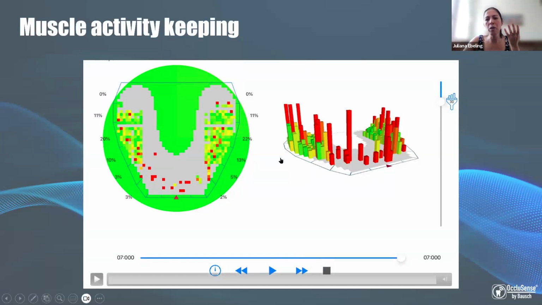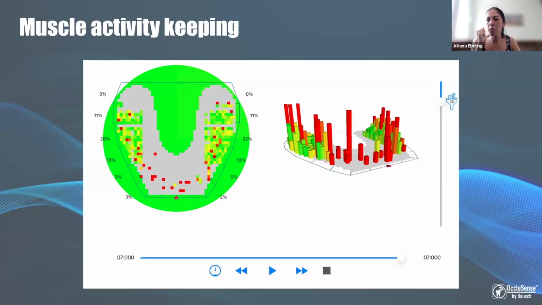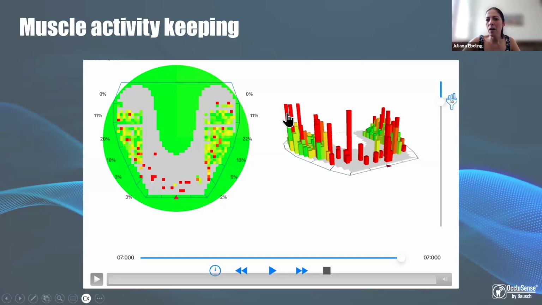What do we learn from this information that OccluSense shows us? When I capture with scanners, remember that I have to capture one side and then go to the other side. Maybe when I capture this side, I have this picture. But when I capture from the other side, I have this picture.